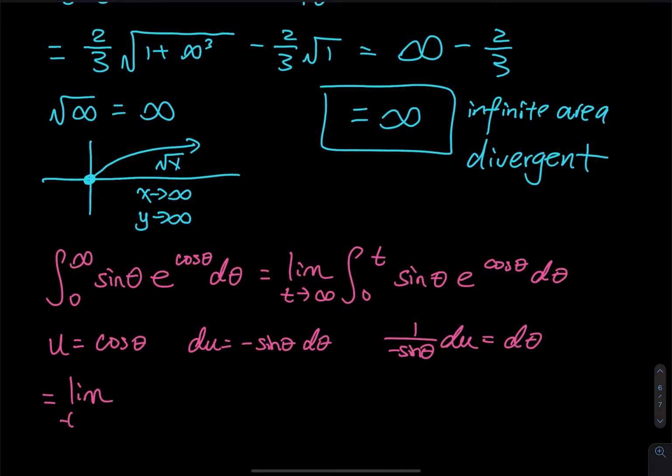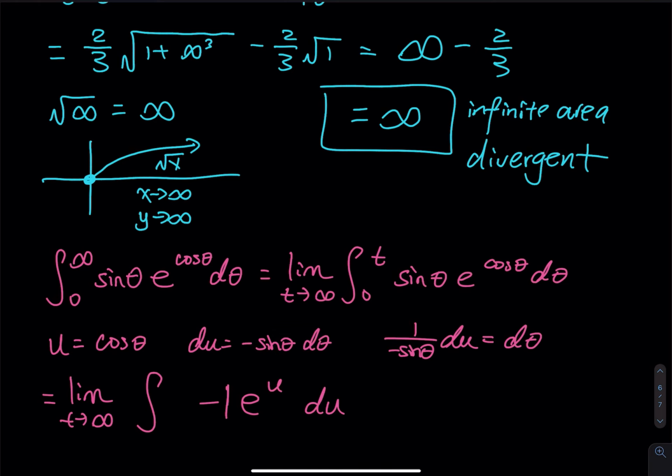We have limit as t approaches infinity, and then we have the integral. Do not write the upper and lower limit, so the sine will be cancelled, and then we have a negative 1 in there, and then e raised to the u du. And then what about the u?